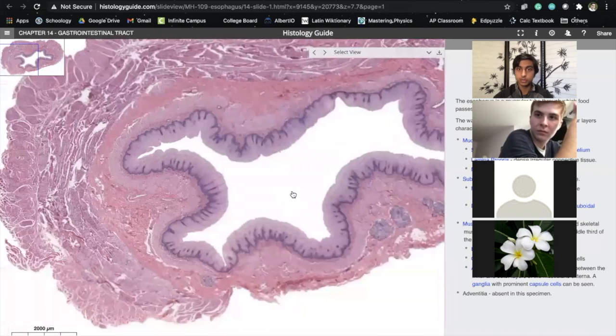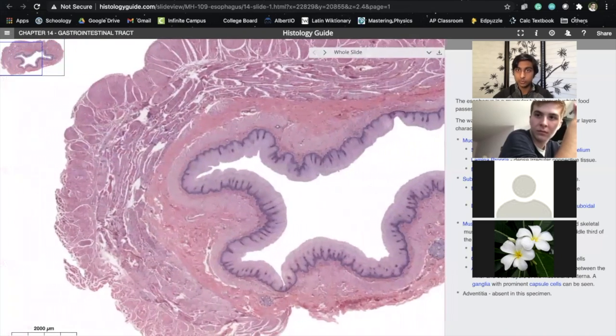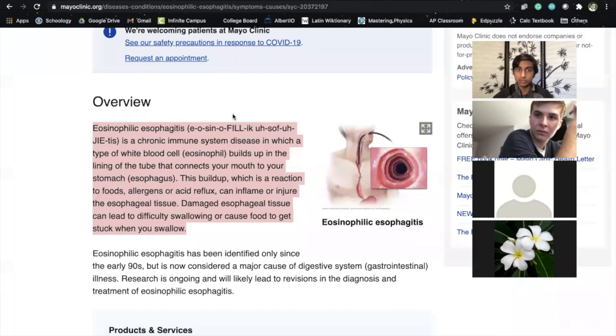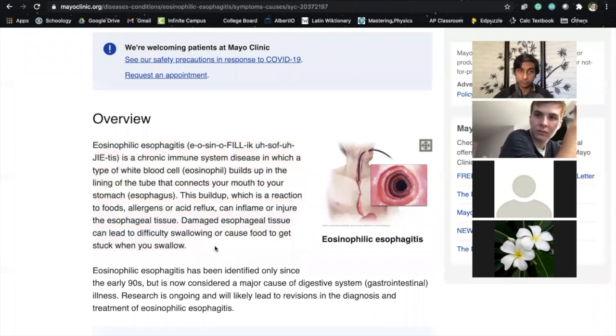Okay, perfect. Let me show you then. I want you guys to look and read this. So what is eosinophilic esophagitis? Why don't you go ahead and read this?